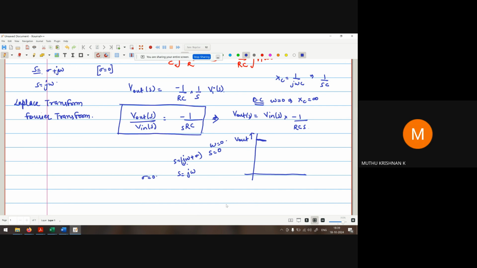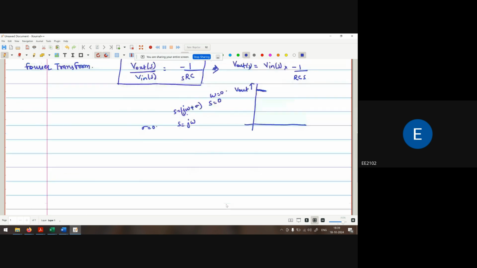And sir, likewise, could you also draw the Bode plot for this, please? Yeah, sure. Basically, we draw the Bode plot for V out upon V in and take the magnitude of this, which is 1 over omega RC.